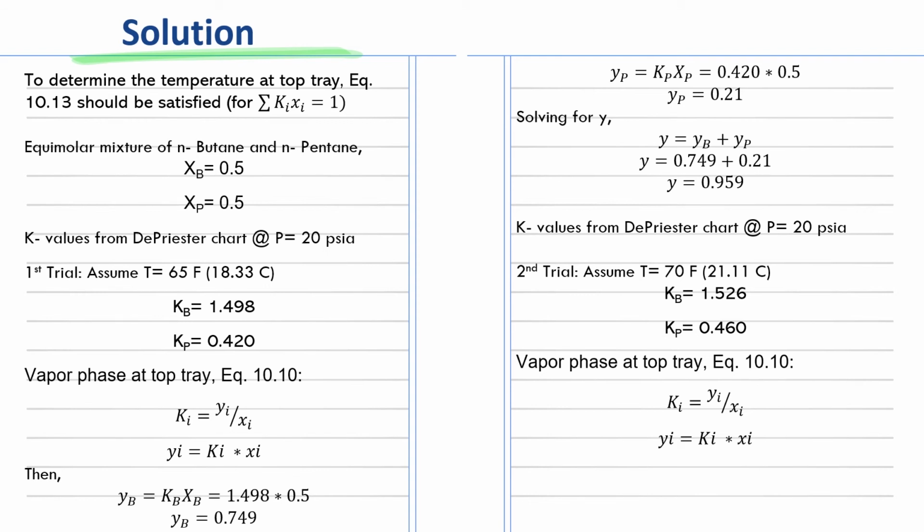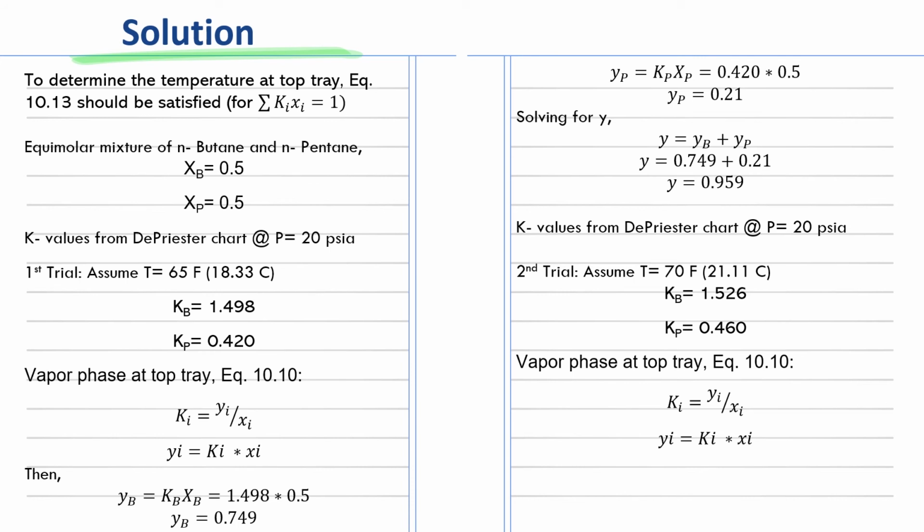For the second trial, we assume a temperature of 70 Fahrenheit or 21.11 Celsius. Using the De Priester chart at a pressure of 20 psia, we get the K values for n-butane and n-pentane to be 1.526 and 0.460 respectively.